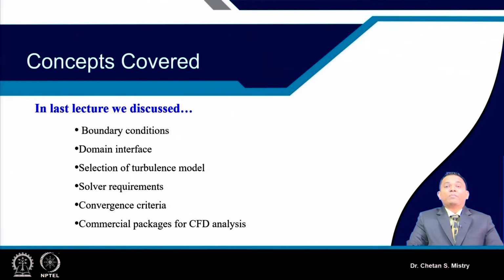The data exchanged between the rotary domain and the stationary domain is interfaced using the frozen rotor approach. We have seen how data is transferred from the rotating domain to the stationary domain. And in this case we realized the clocking effect comes into the picture, which is the relative position between the two domains.